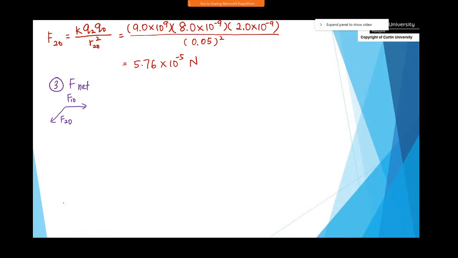To find the x component and the y component, what you have learned in your first semester in your free body diagram: the total force in your x-axis. Let's assume going to the right is positive.